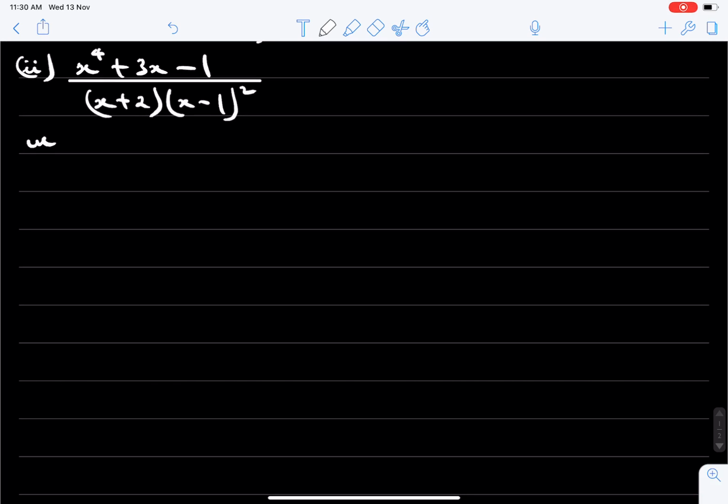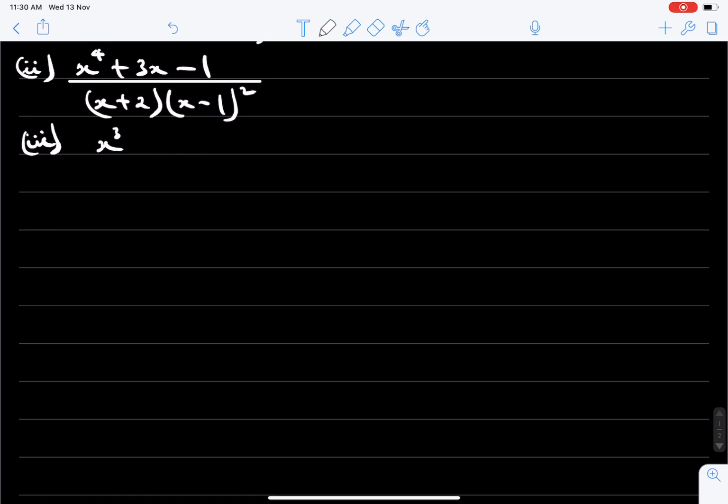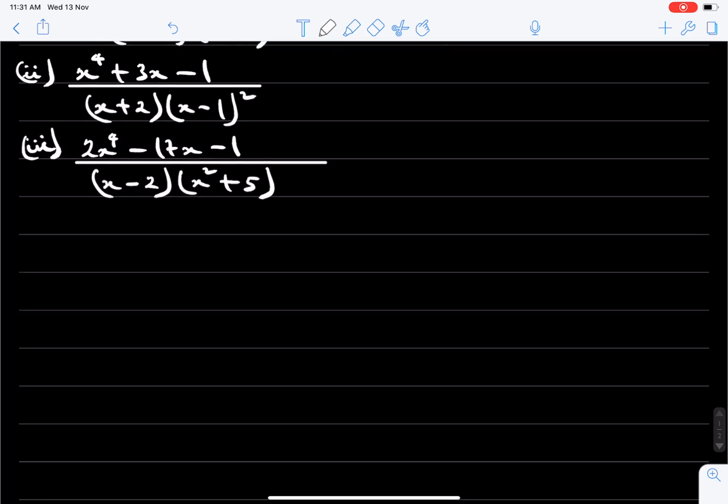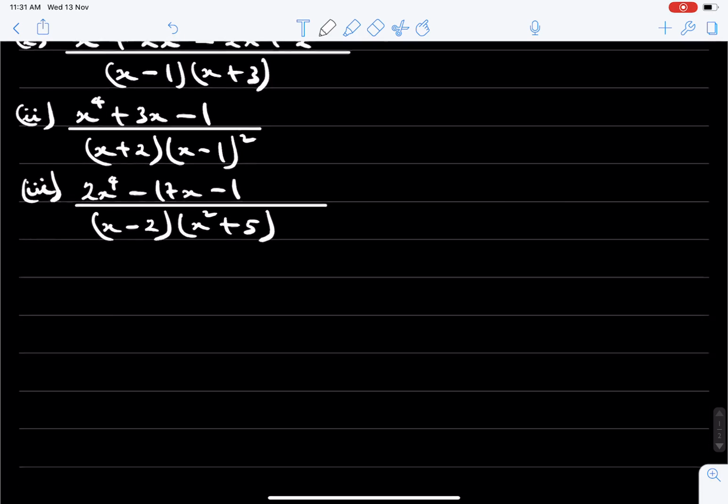And the last one, Roman figure 3, I think I'm going to take a different one: 2x raised to the power 4 minus 17x minus 1 divided by x minus 2 times x squared plus 5. So these are the three questions we're taking as examples.